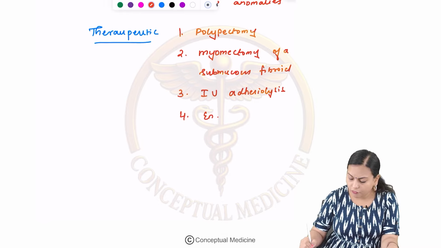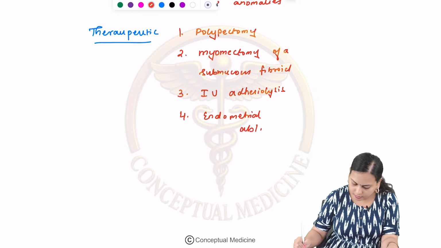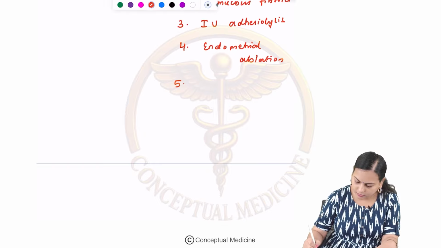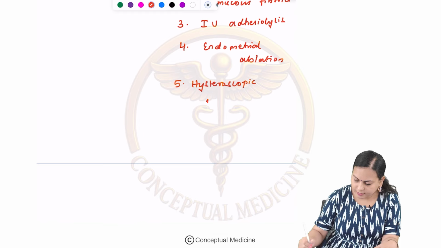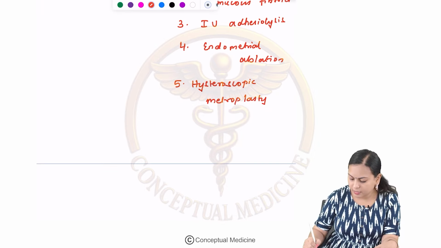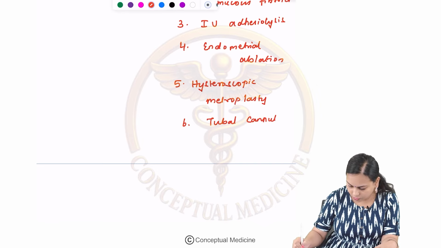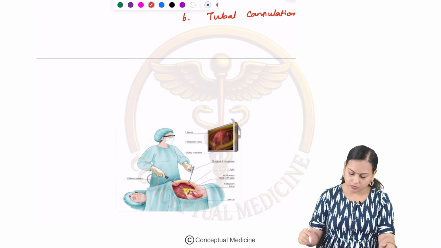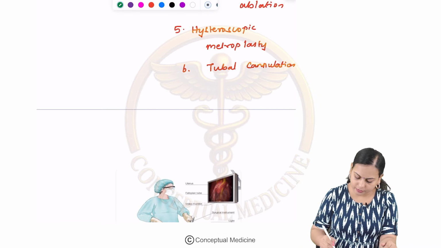You can even offer endometrial ablation, hysteroscopic metroplasty, and then tubal cannulation also can be done. Clear? Now, what are the complications we can expect with this?